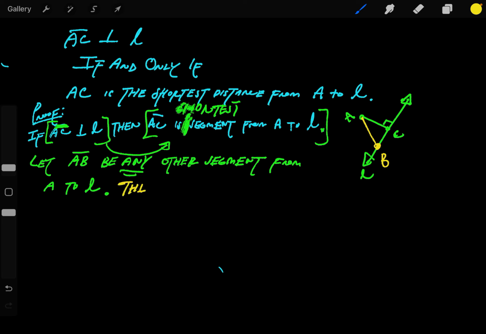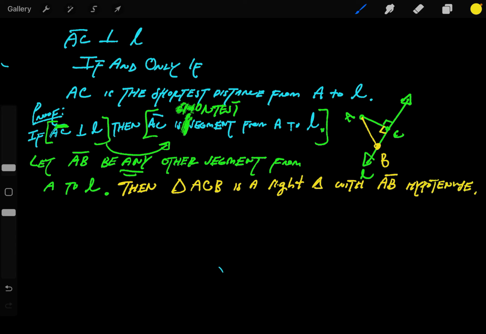Then you have constructed a triangle. You have that this is a right angle as well. You have that triangle ACB is a right triangle with AB as a hypotenuse.